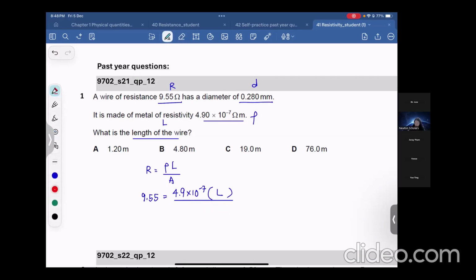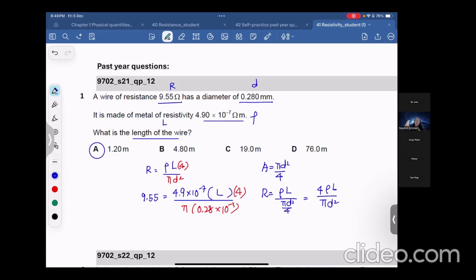So area should be pi d square, rho L. If you do it correctly, your answer should be A.